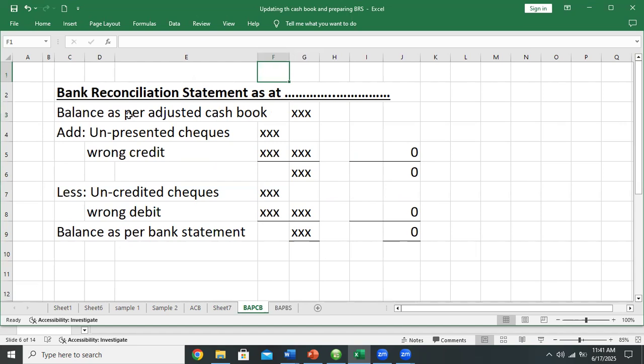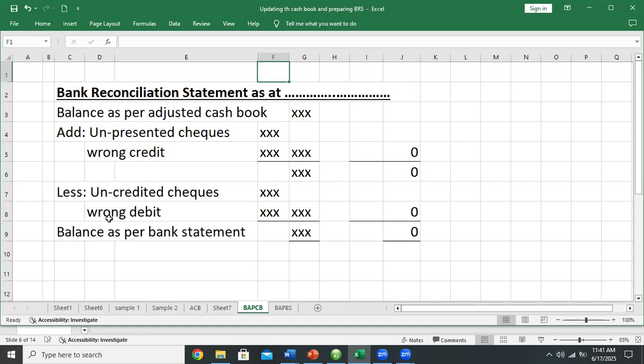So if you choose to start with the balance per the bank statement, you add unpresented checks and wrong credit. And you know wrong credit is an error made by the bank if the bank wrongly credits the account. Then we less uncredited checks as well as wrong debit.